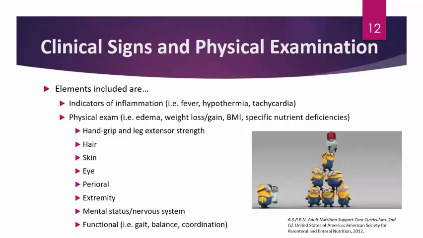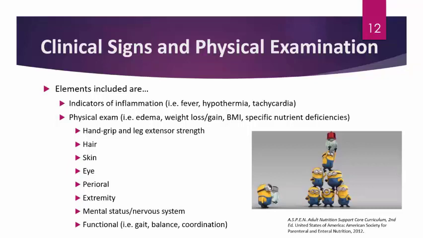Another one that may be important is your mental status and nervous system exam. Does your patient have a normal mental status? Do they have any other past medical history, or some kind of unknown medical history, or some kind of new diagnosis of a psychiatric disorder that may play a role in their actual nutrition status? In addition, functional status is very, very important to always assess on every patient. So, do they have normal gait and balance or coordination?